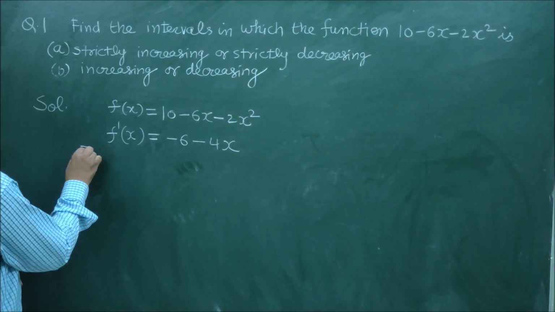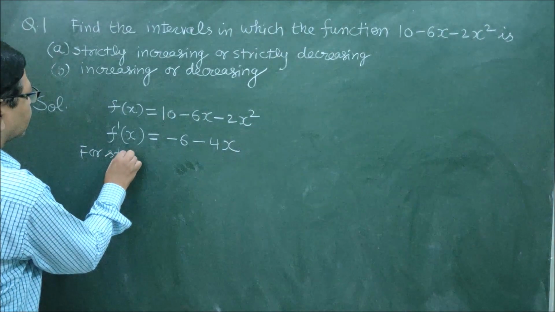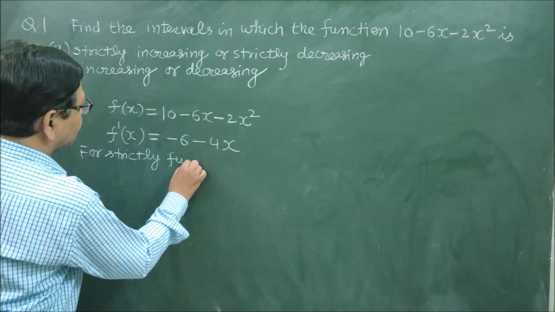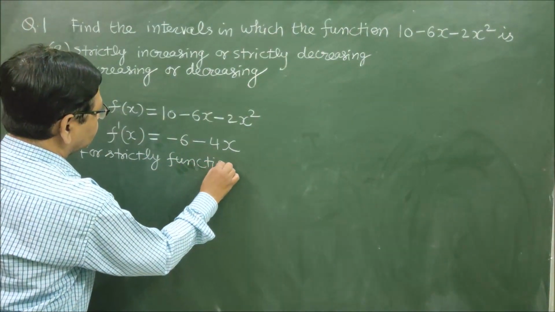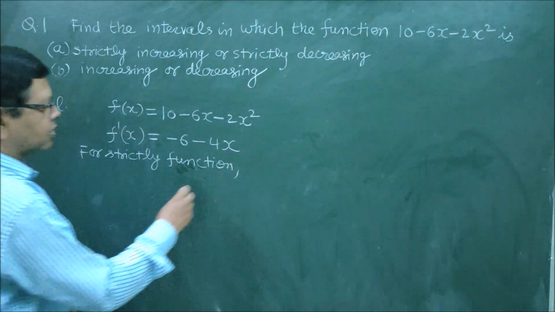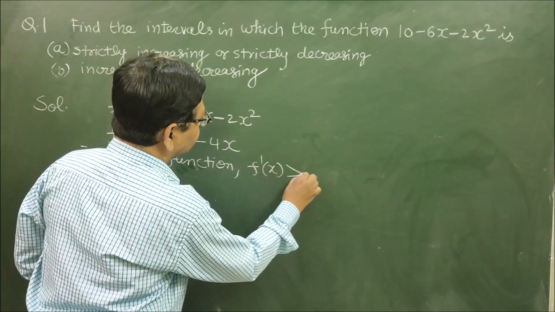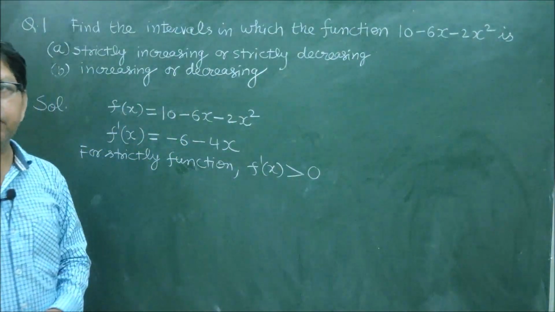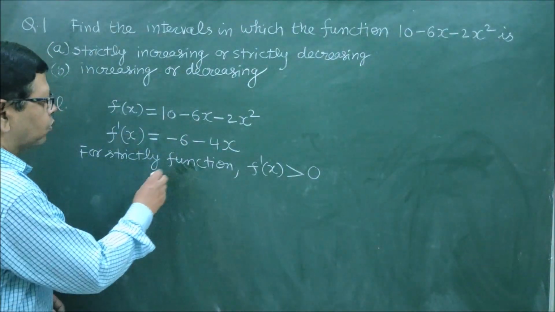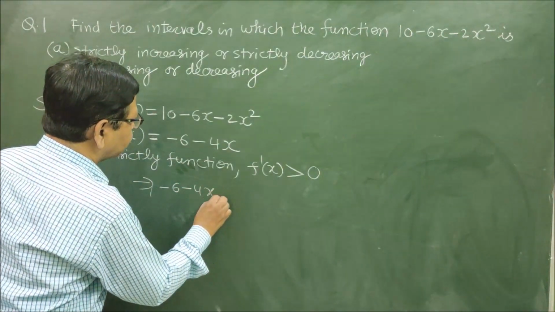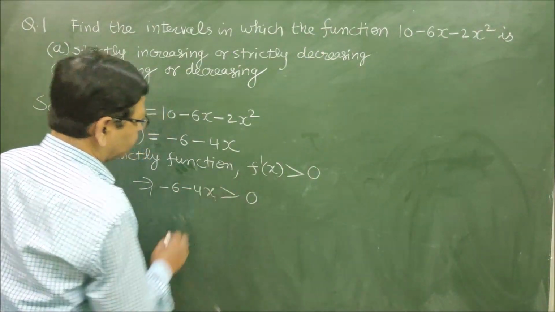For a strictly increasing function, we know that the derivative should be greater than 0. It must be positive. So -6 - 4x should be greater than 0.